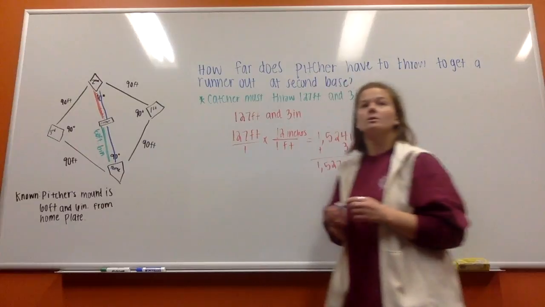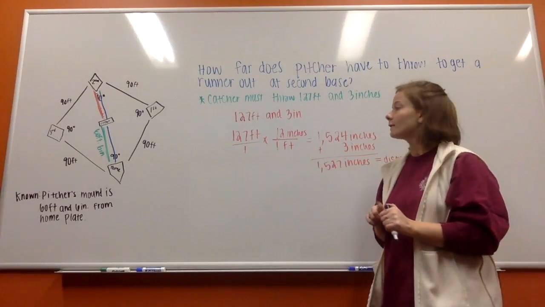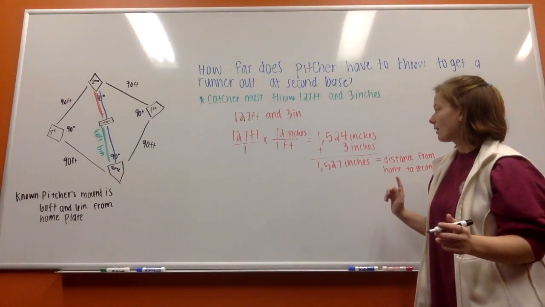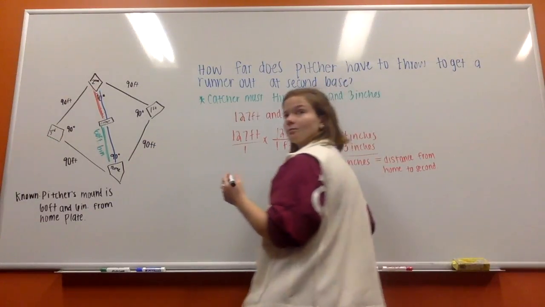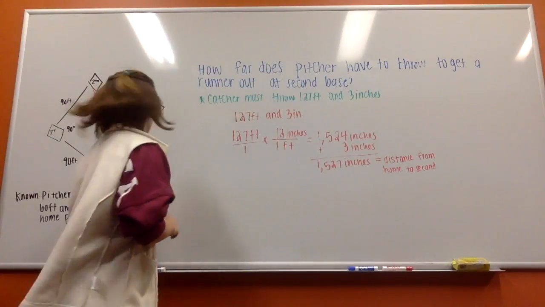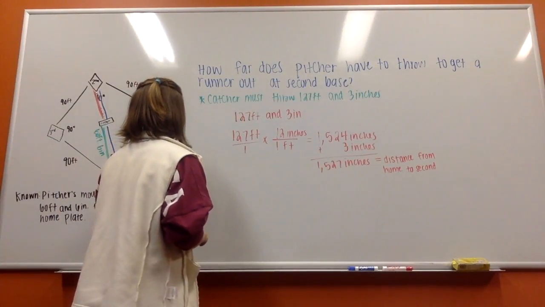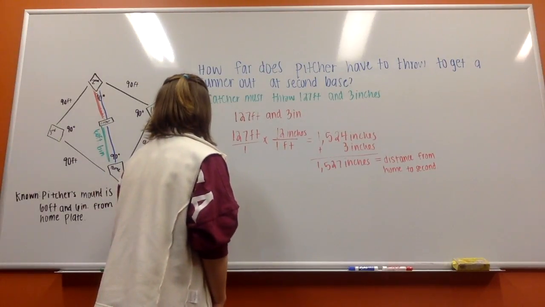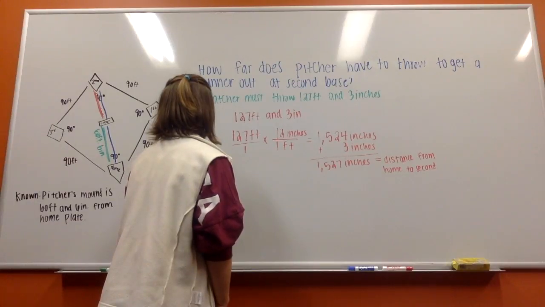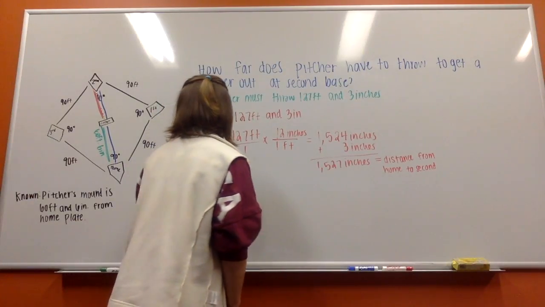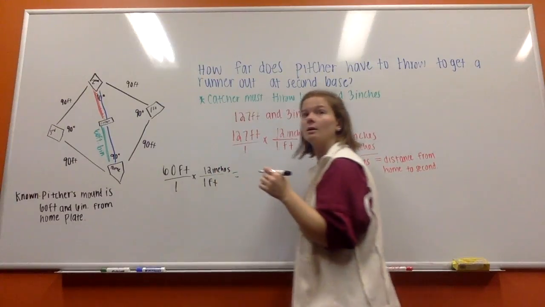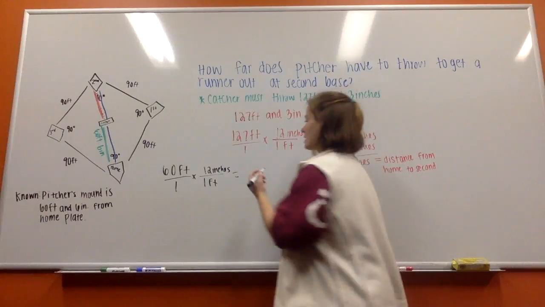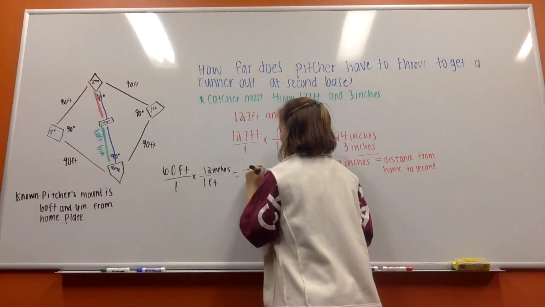Okay, so now we just have one more conversion left. We want to convert 60 feet and 6 inches into inches completely. So we have 60 feet over 1 times 12 inches over 1 foot. So we do some quick math here, and we get 720 inches.